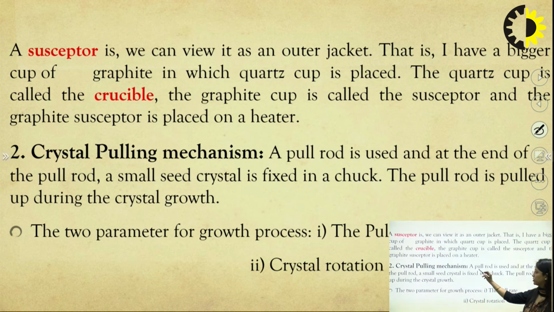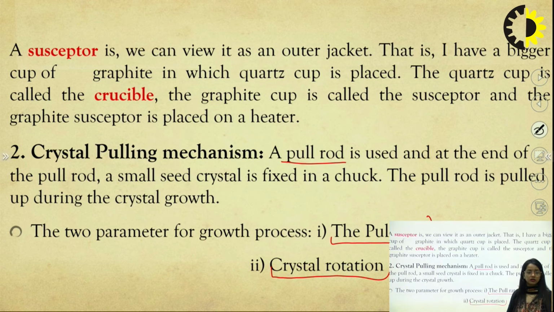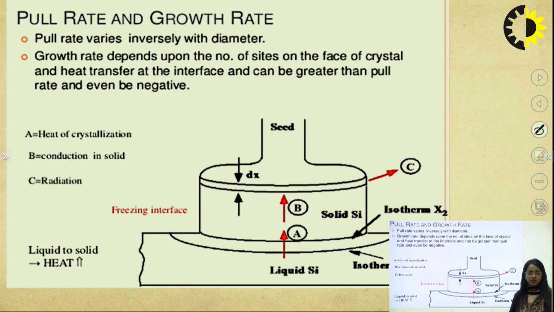We should have a pull rod, which after rotation pulls also. The two things we have to study are the pull rate and the rotation rate. These are very important.